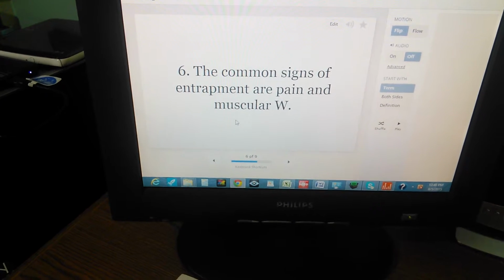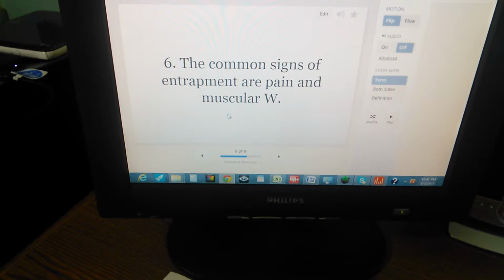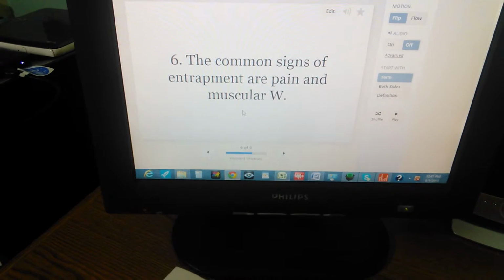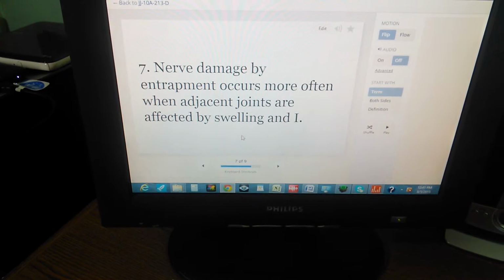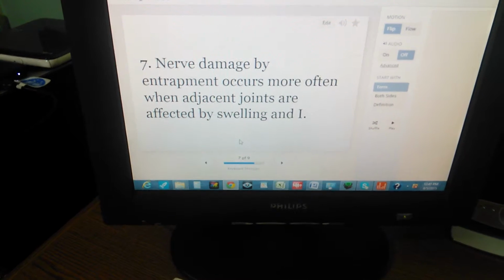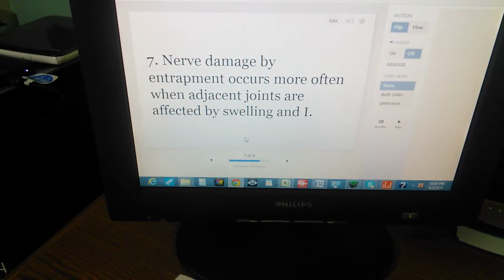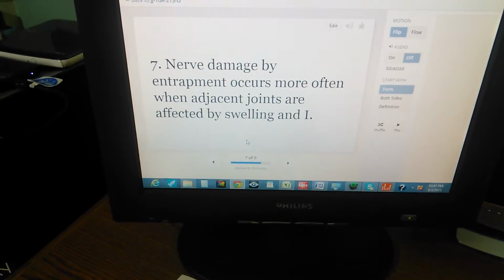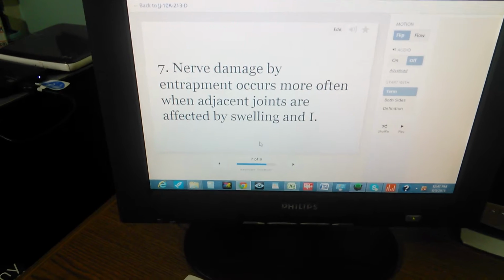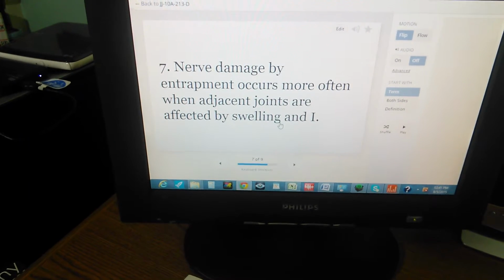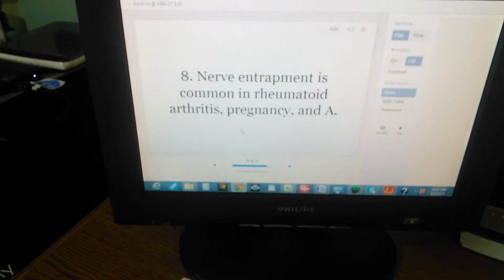6. The common signs of entrapment are pain and muscular W. Weakness. 7. Nerve damage by entrapment occurs more often when adjacent joints are affected by swelling and I. Inflammation. 8.